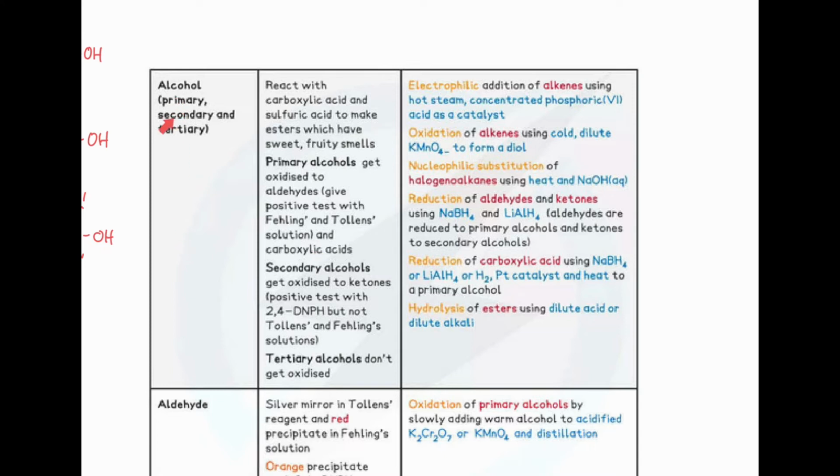If your alcohol is a secondary alcohol, the way to test it is you oxidize the secondary alcohol to ketone, and then after that you test with 2,4-DNPH. 2,4-DNPH will show a positive result, which is yellow, but Tollens' and Fehling's show no observable change.